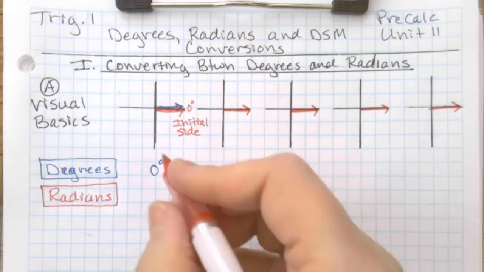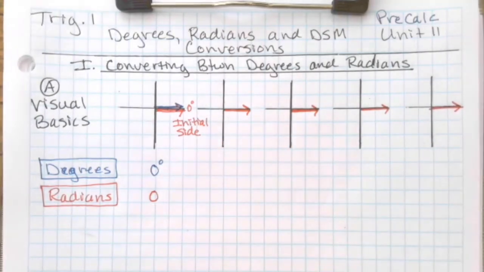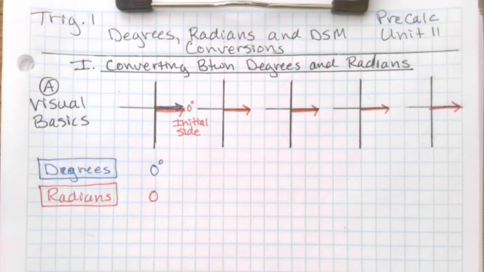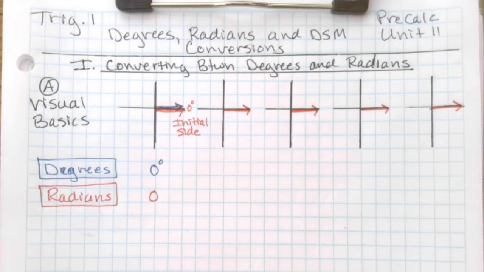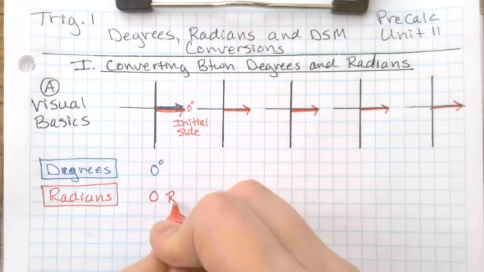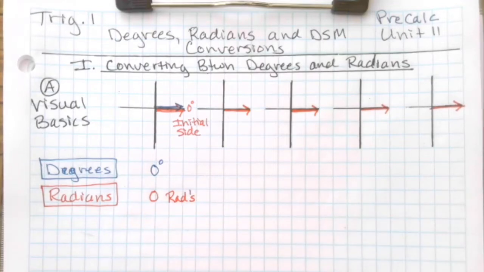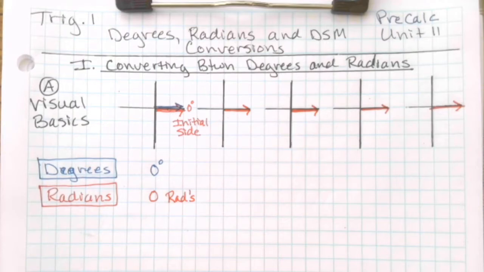Radians, it would also be 0. Now, it's going to mess with your head a little bit, but radians does not have a symbol like degrees does. So pretty much if it's an angle, you just don't put the degree symbol on it, and the default is radians. If it helps in the beginning, you might just put an abbreviation like rads for radians so that you know what you're looking at.